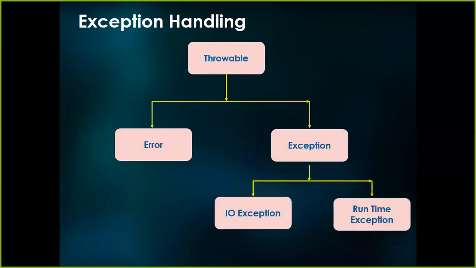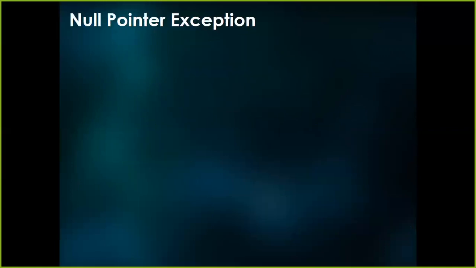IO exceptions are file input output exceptions, whether your input exists or not, file not found exception, file not opened exception, those things. Runtime exceptions are like out of memory, memory is not sufficient, null pointer exception, using strings in arithmetic operations, or array index out of bounds, where you're trying to access beyond the size of your array.